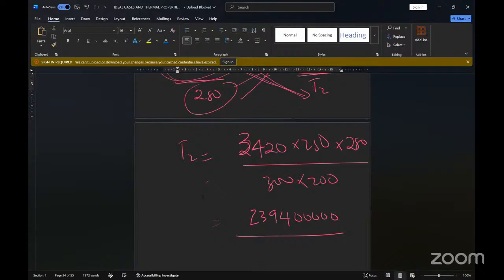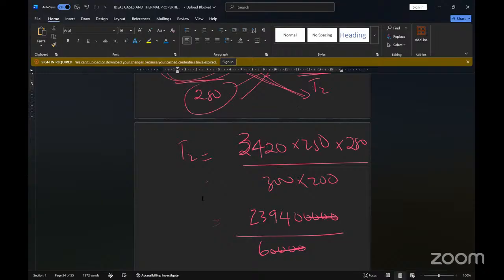It's about 6,000 times 60,000. Okay, so divided by 60,000, which is 6 and then 4 zeros. So these 4 zeros here will cancel the 4 zeros there.